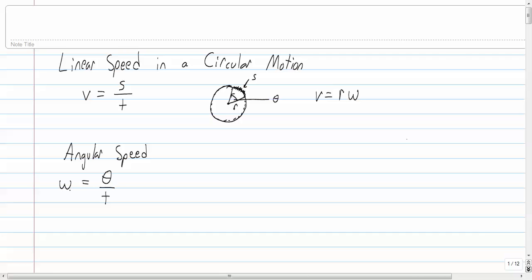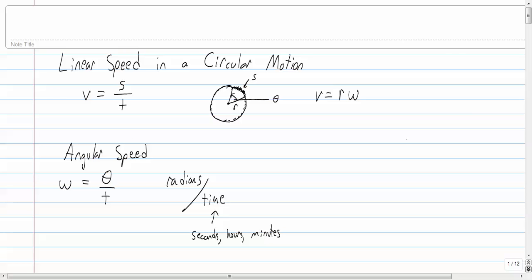So for our final answer for angular speed, you want the units of your answer to be radians, and then per unit of time. That could be seconds, hours, minutes, whatever, a unit of time, days, okay?